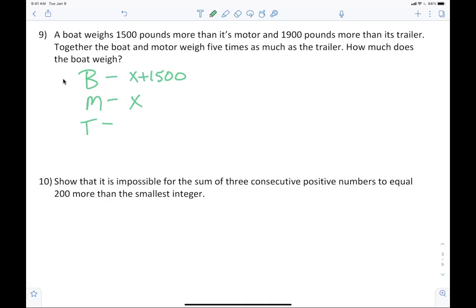Right, but that's what you would say because X represents the what? I made my boat X. Hold on a minute. Tell me. Exactly. The trailer can be X minus 400. Please tell me how you did that.